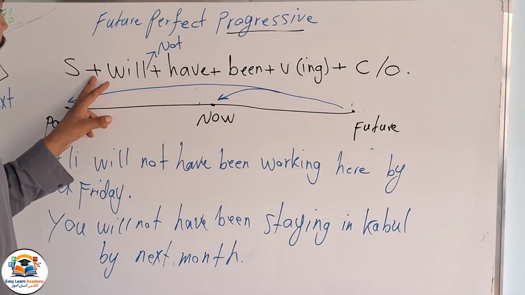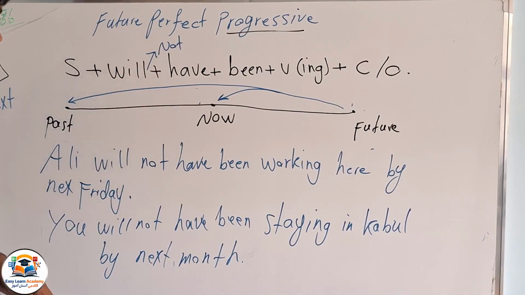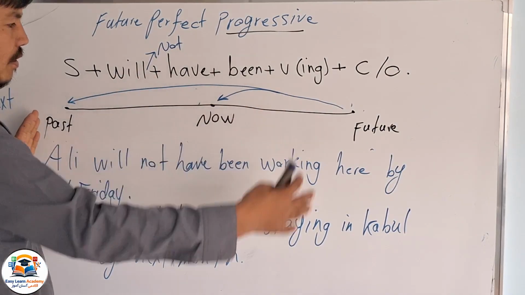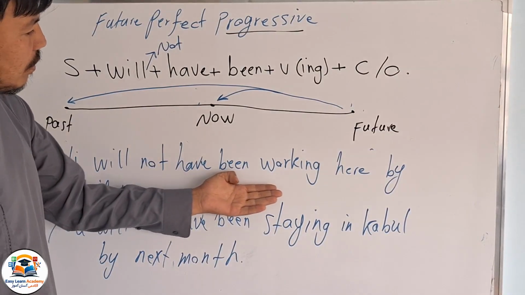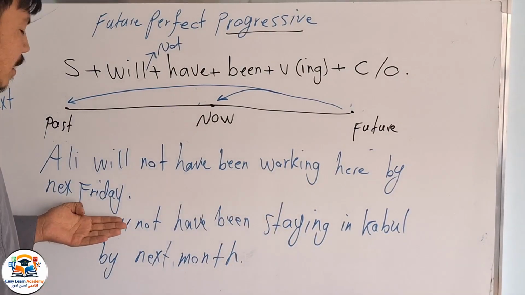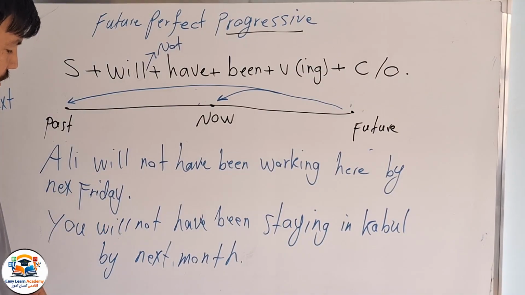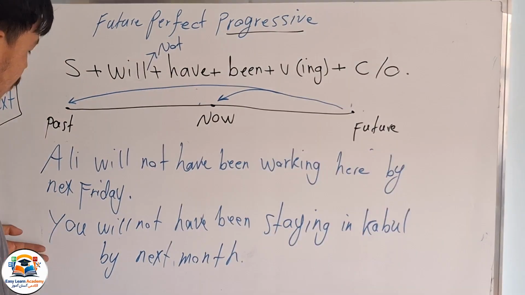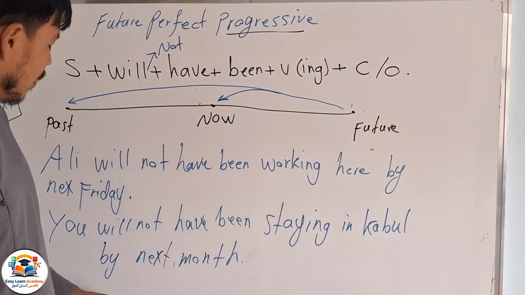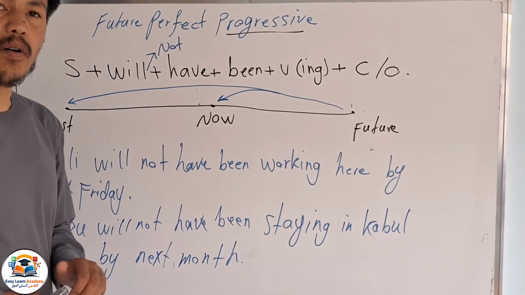So here in negative we only add not, then the rest are the same. Ali will not have been working here by next Friday. So also we consider next as a keyword in this structure. You will not have been staying in Kabul by next month.